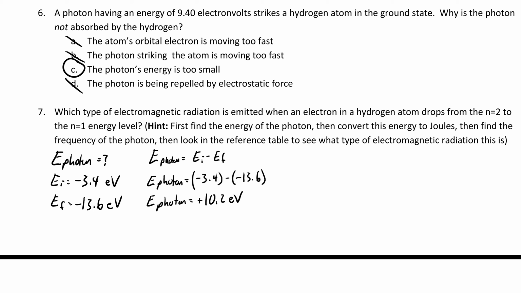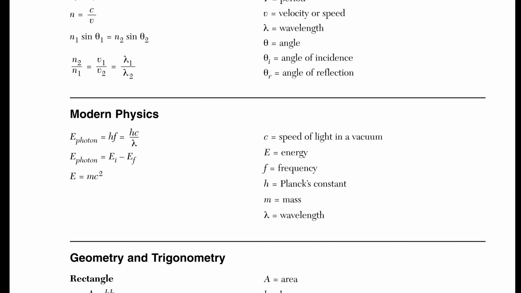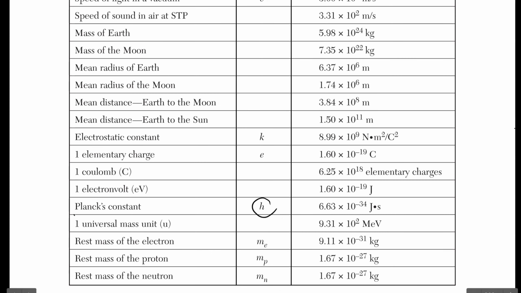Okay, cool. So now we know this energy of the photon, and we want to convert it into joules so that we can use this formula right here. We want to be able to use E equals hf because now we know E. We just calculated it. It's 10.2 electron volts. But this h, Planck's constant, which they give you on the front of the reference table here, is given to you in terms of joules. So we have an energy in terms of electron volts.